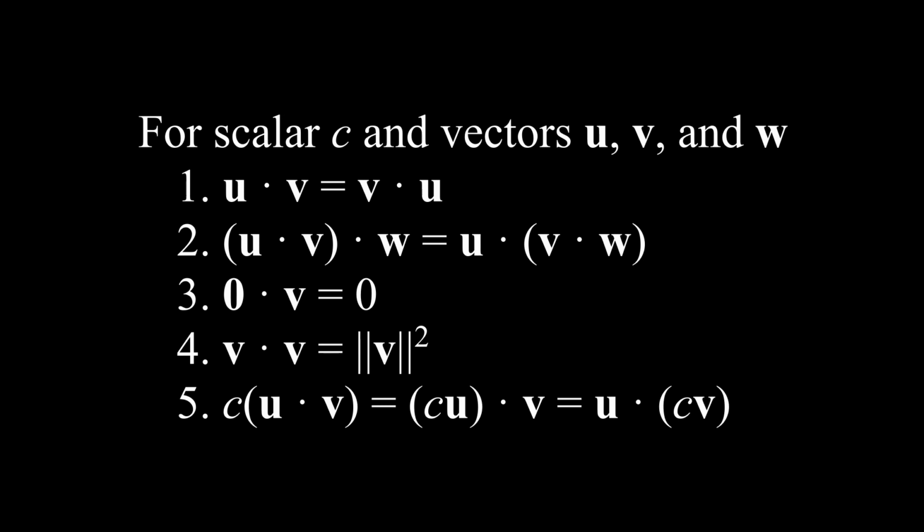If we multiply the 0 vector times v, 0 dot v, we get the scalar 0. If we take v dot v, we get the magnitude of v squared. And then if we take in a constant multiple, we can essentially rearrange that constant multiple however we want in order to group things up in whatever way happens to be the most convenient for what we're trying to find.